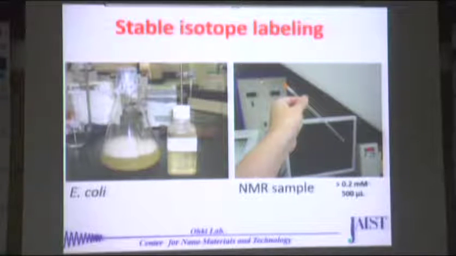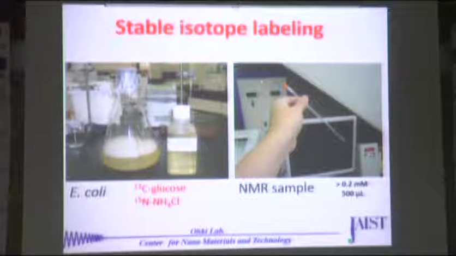When you produce your protein, you can buy carbon 13 labeled glucose and nitrogen 15 ammonium chloride. These are commercially available, so you can buy them and just dissolve them into the liquid culture medium.